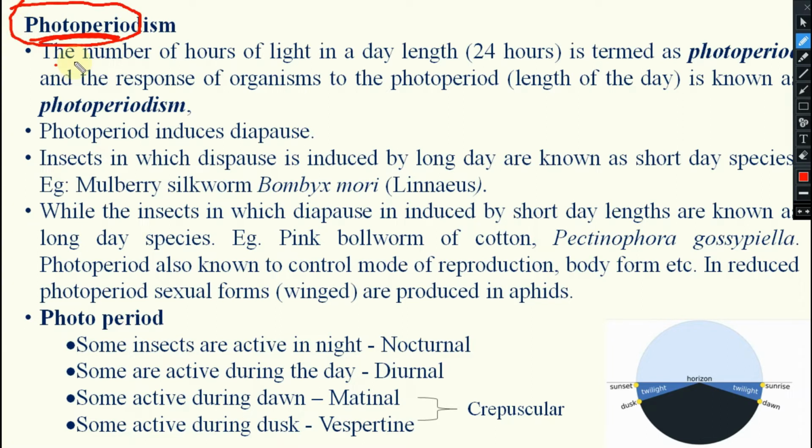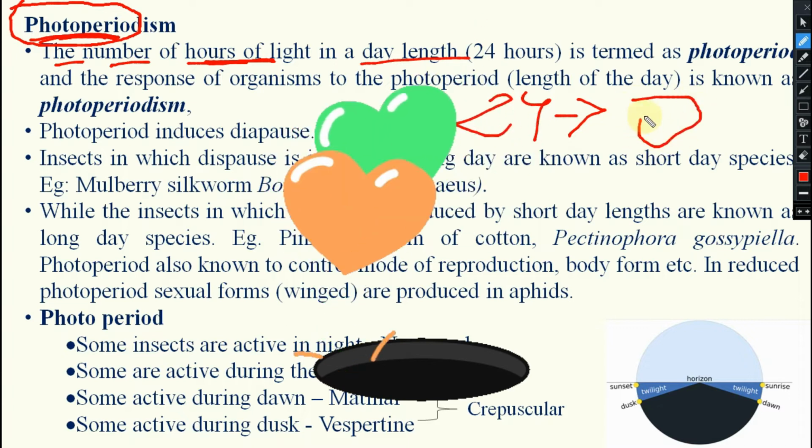The number of hours of light in a day length. That means 24 hours of day length is there; out of that, how many hours are light hours?